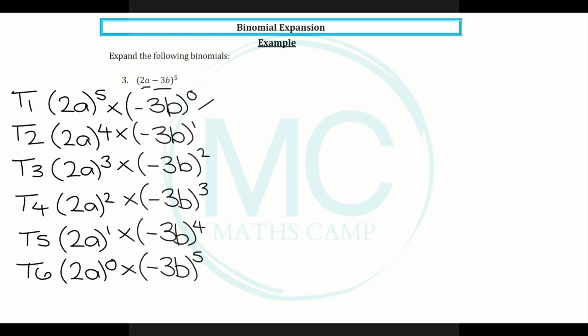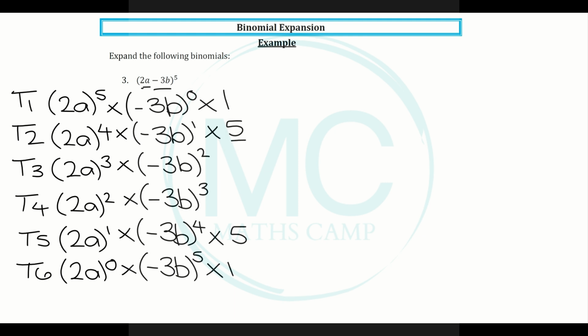We multiply the first term by 1 and the last term by 1. For the second term, we multiply by n, which in this case is 5, and the second last term as well. Now we need the constant for the third and fourth terms. So for the third term, let's look at the second term.